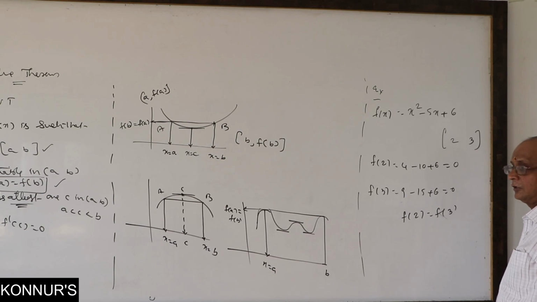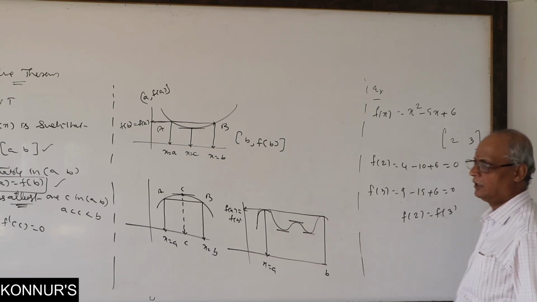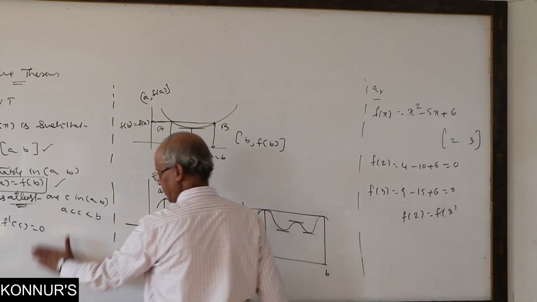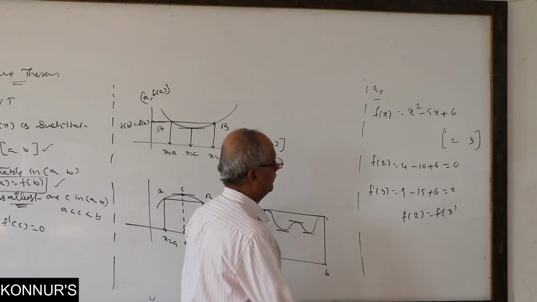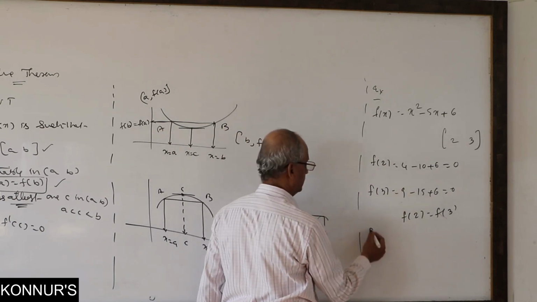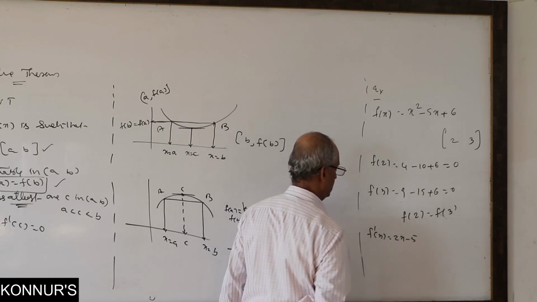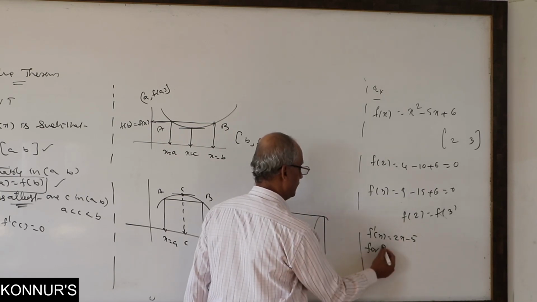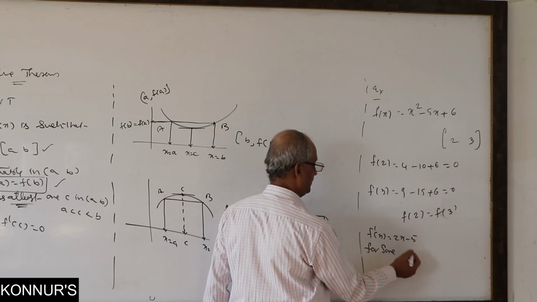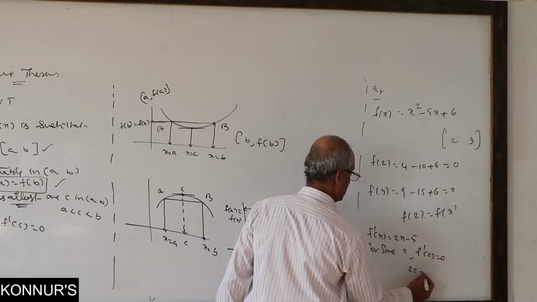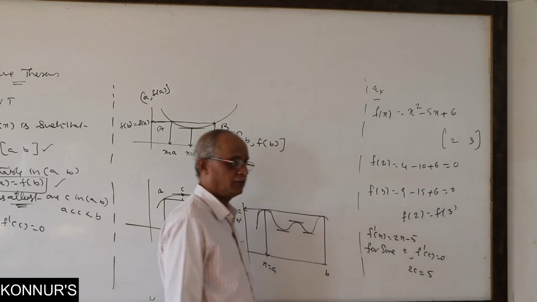What is next? They will ask the question: find the value of C using Rolle's mean value theorem, where it is 0. What is f dash x? 2x minus 5. For some C, we need to calculate the C value. f dash C must be 0. 2C minus 5 equals 0.